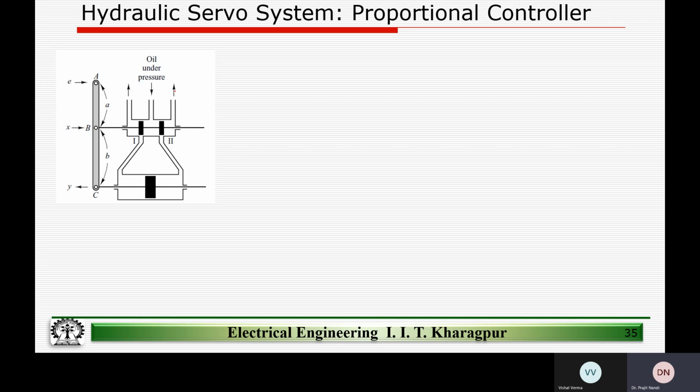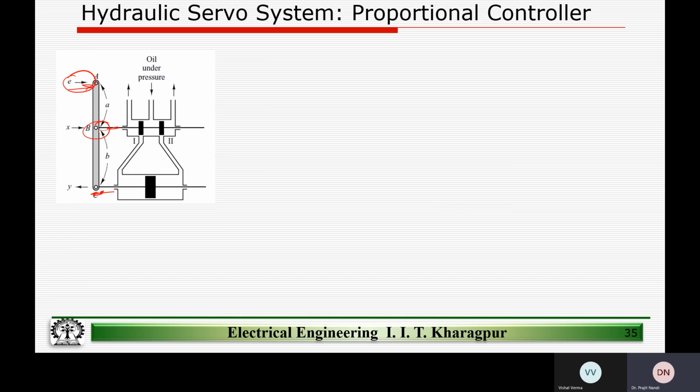This is the same system that we discussed. The only difference is that we have a pivot mechanism instead of the load, similar to what we have seen in the pneumatic system. If the input signal is given at one end, the effective movement will be given by B divided by A plus B multiplied by the input signal, and there is a feedback at this end that works as a negative feedback.